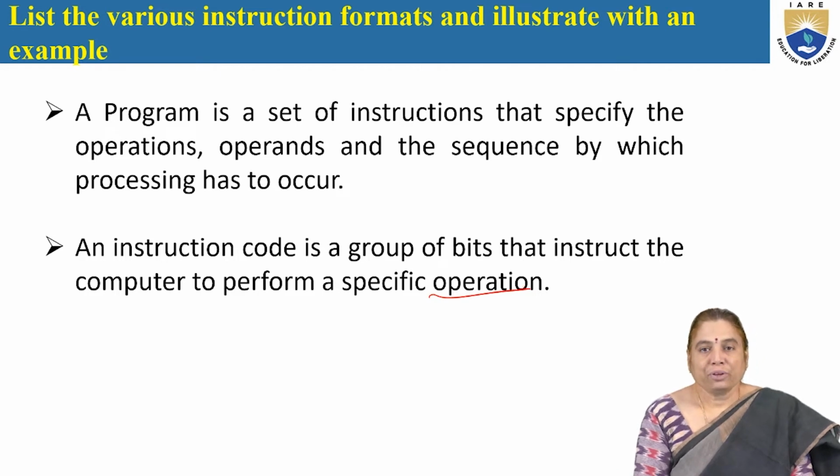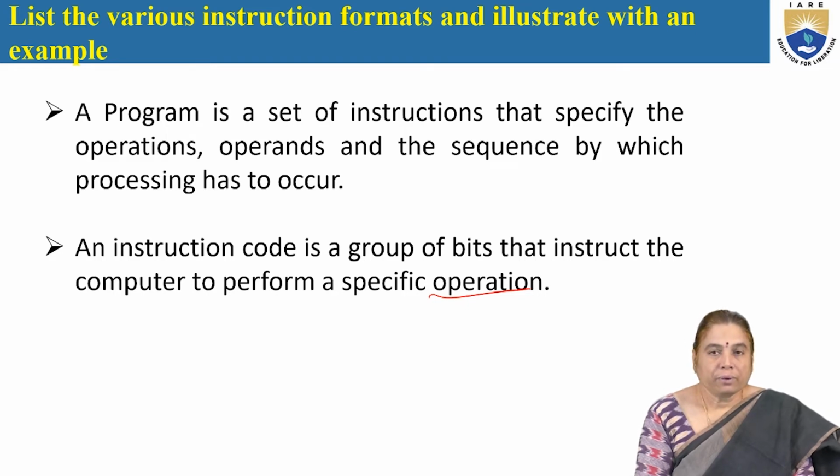So, for the execution of the program, the instruction cycle generally consists of 4 basic steps. The first step is fetching the instruction, second decode the instruction, third fetch the operand, fourth execute the instruction. So, a program is a collection of instructions.